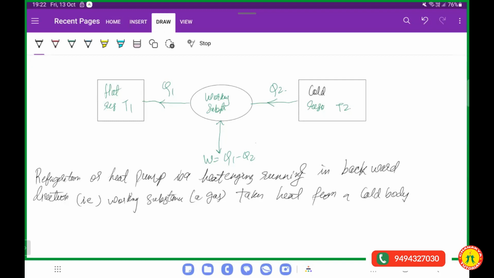Now, the remaining heat will be given out, and this can be used for some other object, like in a heat pump. We can use this for some other hotter body. It takes heat from a colder body and gives it out to something, let's say, a hotter body.